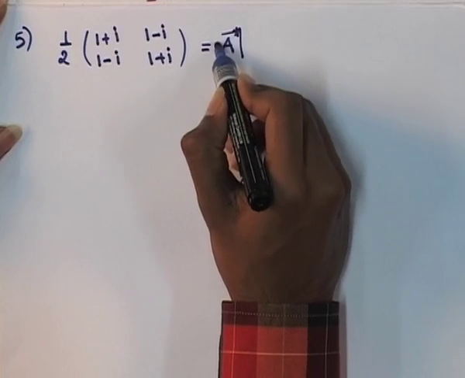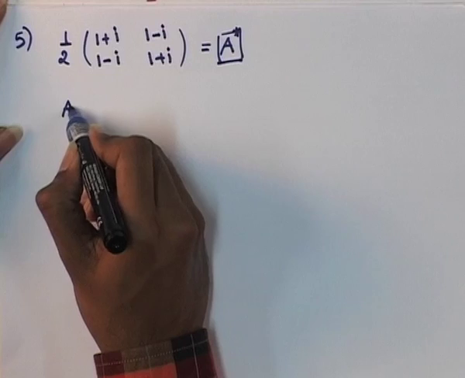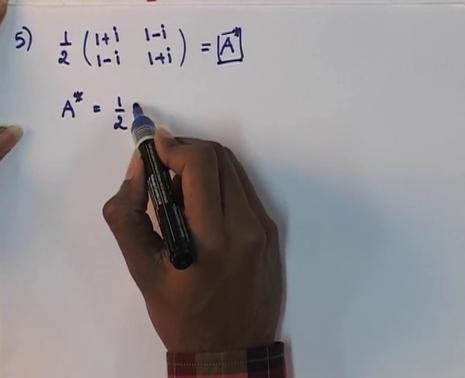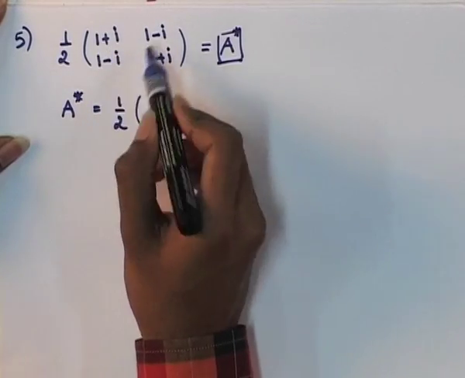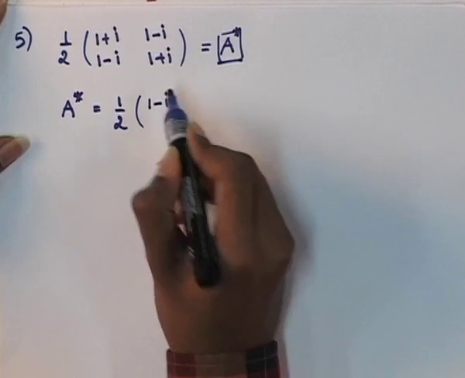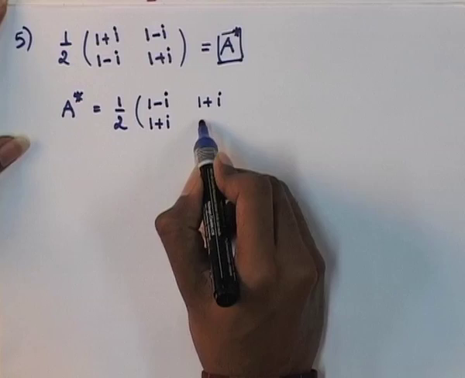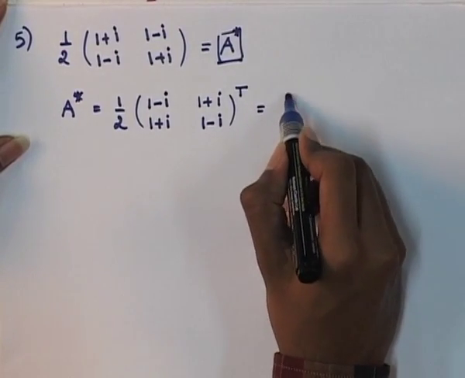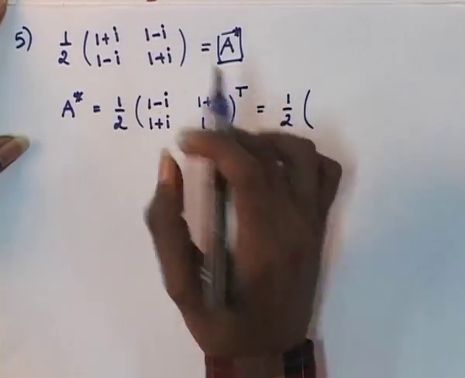Let us denote this matrix with A, and let us compute A star. A star is obtained by replacing the terms in A with their complex conjugates and taking the transpose of it. Transpose is interchanging rows with columns.